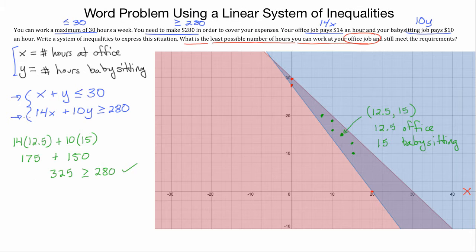So let's take my inequality. If I work 0 hours at the office, I'm going to put 0 in for x, that leaves just $10 an hour working babysitting hours to make at least $280.